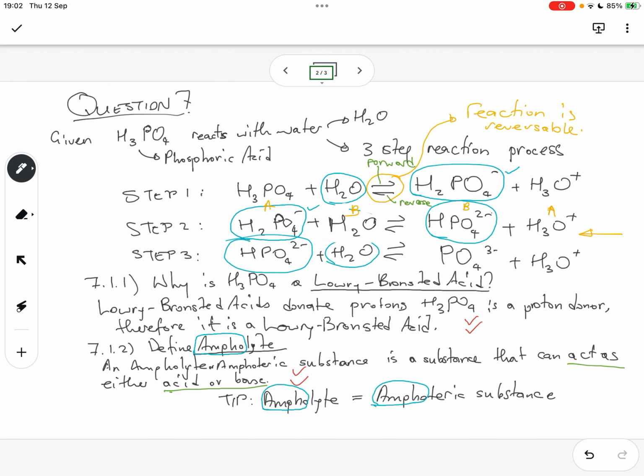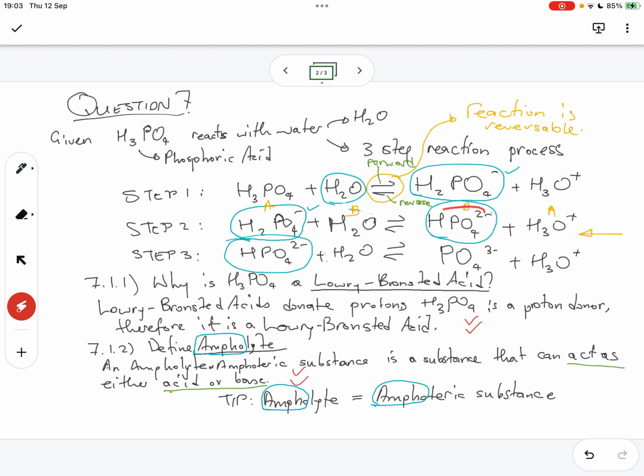These are our ampholytes, and this one here is H2PO4 minus, because in this part, since there is a reverse reaction, it becomes a base to provide the original reactants. But in step 2, it now acts as an acid to react with water to give us this ion.